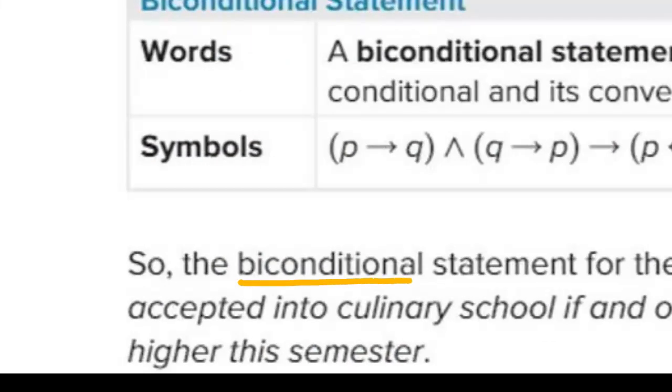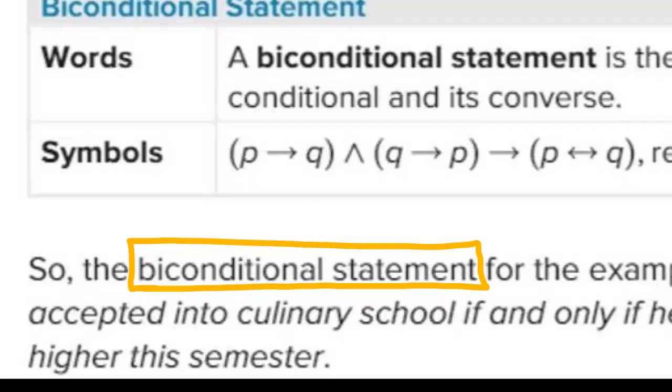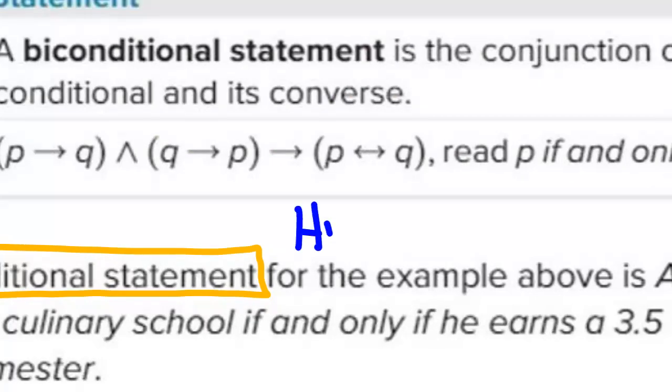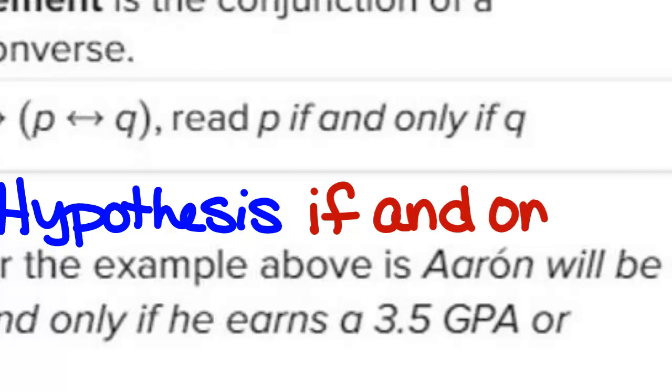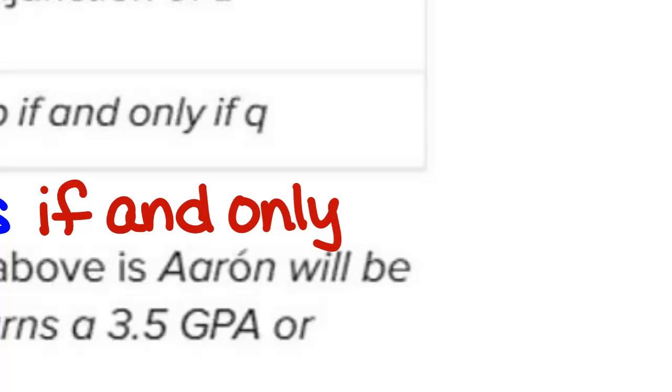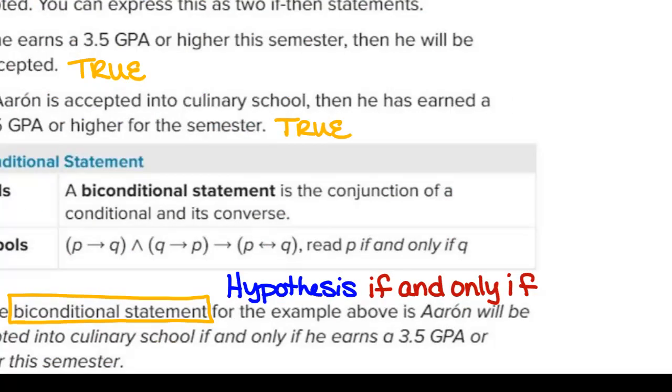So a biconditional statement is going to take the hypothesis, and then it's going to use the words if and only if, and then it's going to have the conclusion.